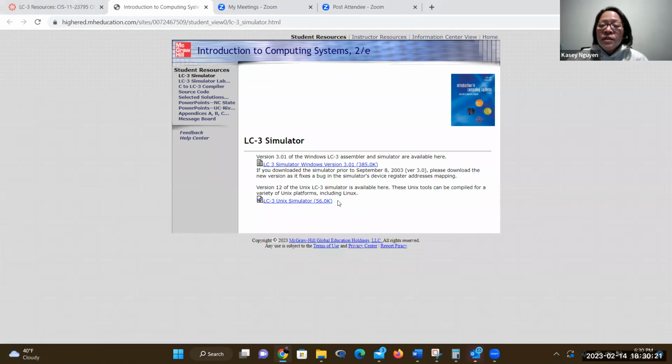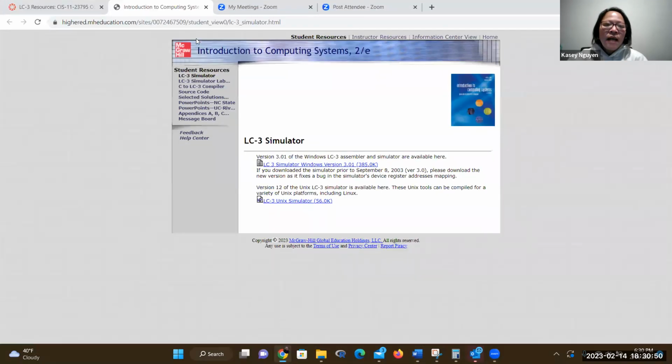So if you're using Fedora, right? You can install it. I haven't tried installing it on Fedora. I normally use Debian. Like I would use Ubuntu or Kali because of my security classes. So you can use the simulator that's Unix based here. Now, let's say that you can't, right? What can you do?